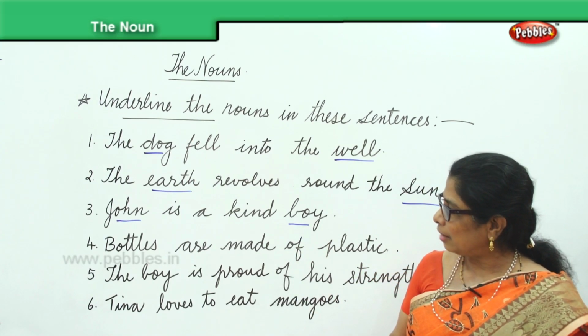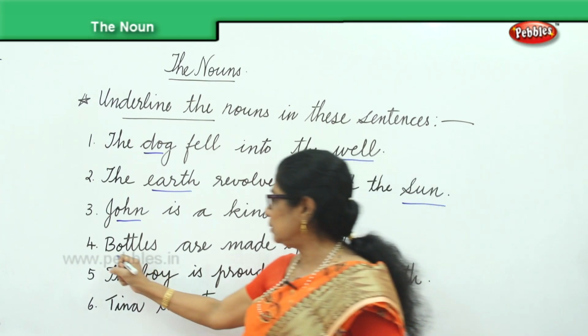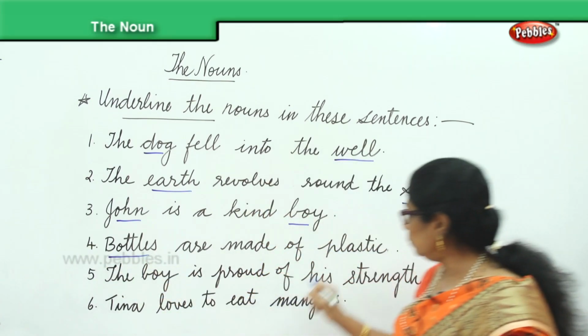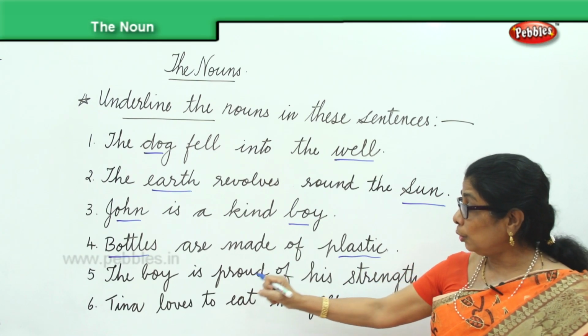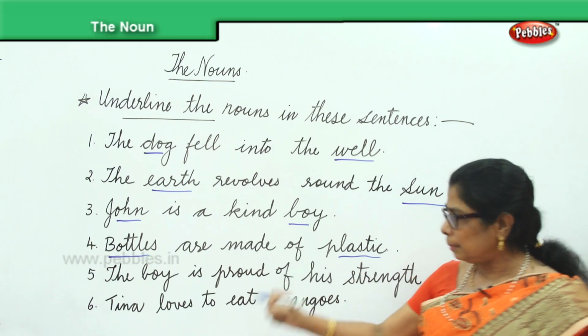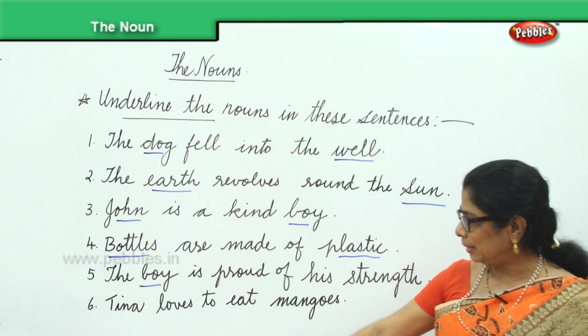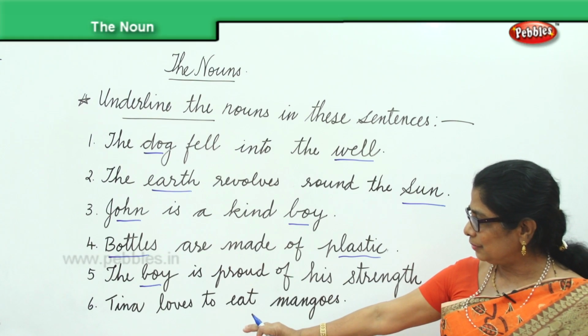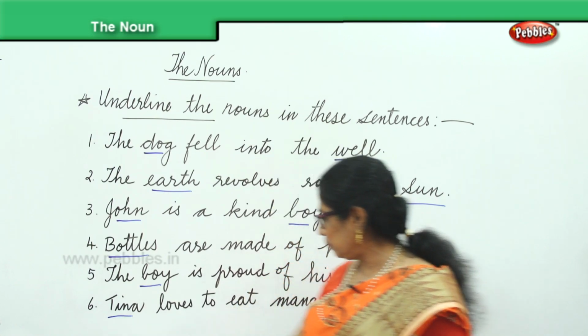In the fourth sentence we have, bottles are made of plastic. Bottles, noun, plastic is also noun. The boy is proud of his strength. The boy, very good. Boy is a noun. Then Tina loves to eat mangoes. Tina is a noun.